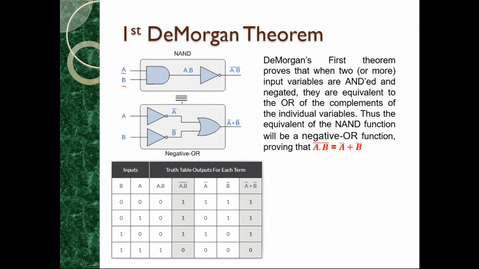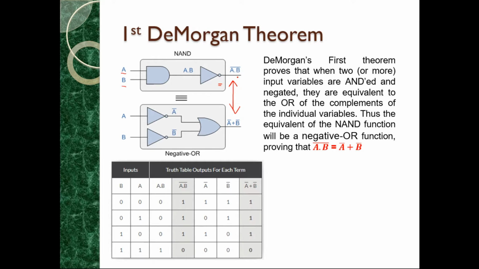It means that this combinatorial logic is equivalent when these two variables are complemented and then ORed together. So this will give you the same output.